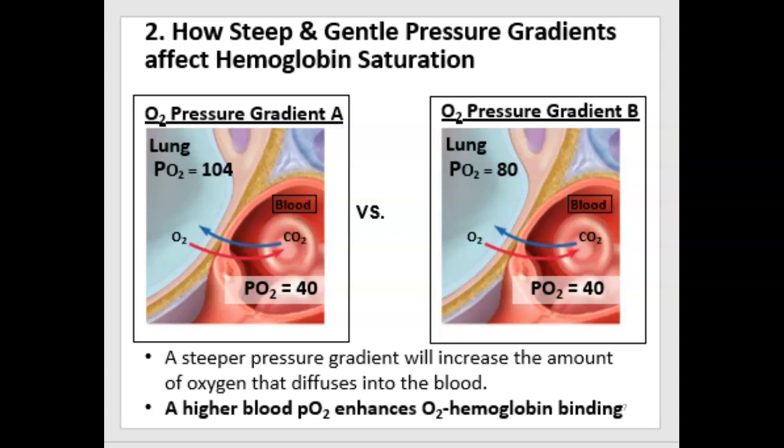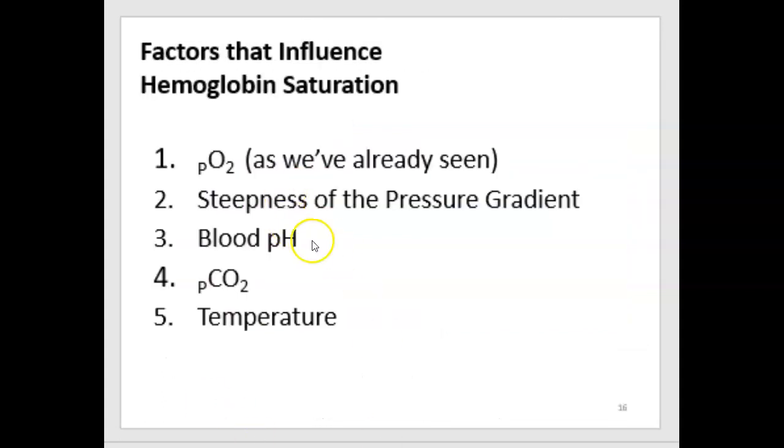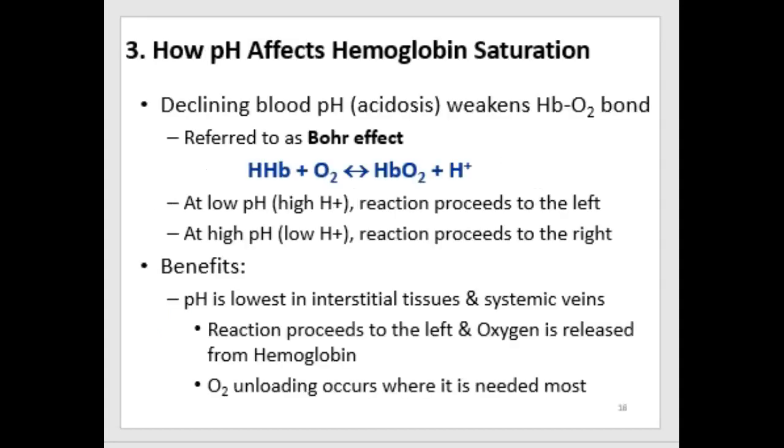Okay, we're going to go back and look at these other three factors now. How blood pH and partial pressures of carbon dioxide affect oxygen saturation. So it turns out that actually concentrations of carbon dioxide play a role in how much oxygen hemoglobin can bind to as well.